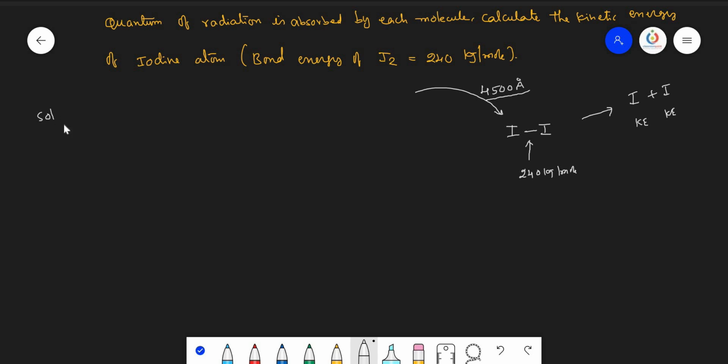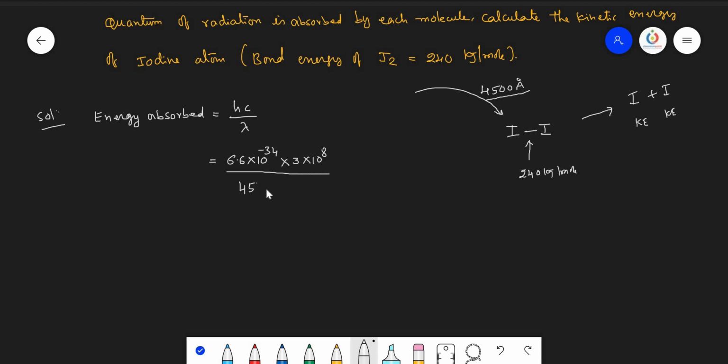So the solution for this is, energy absorbed is equal to, we know the formula E equals hc by lambda. So H value is 6.6 into 10 power minus 34 into C value 3 into 10 power 8 meters per second, divided by lambda value, here it is given as 4500 angstroms.